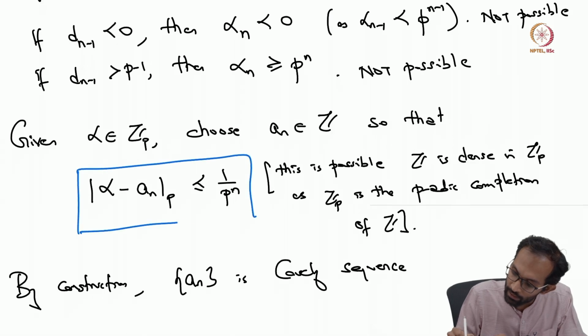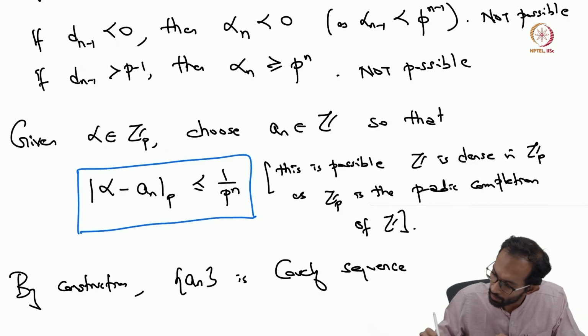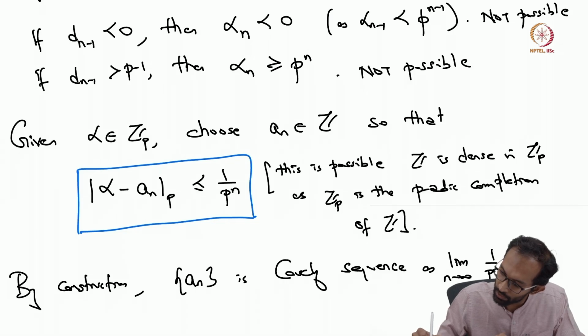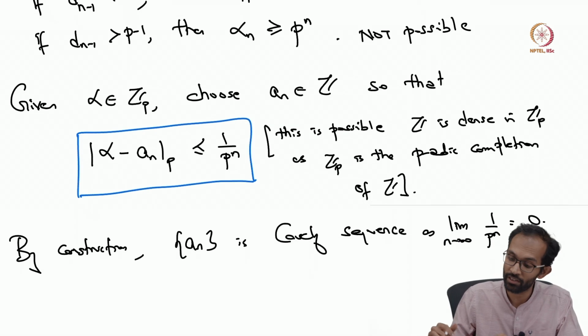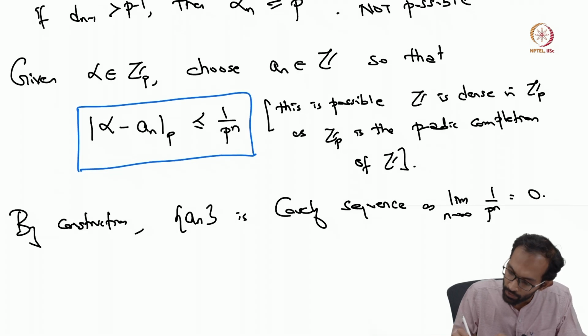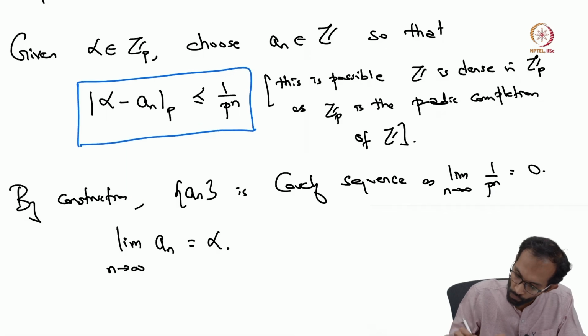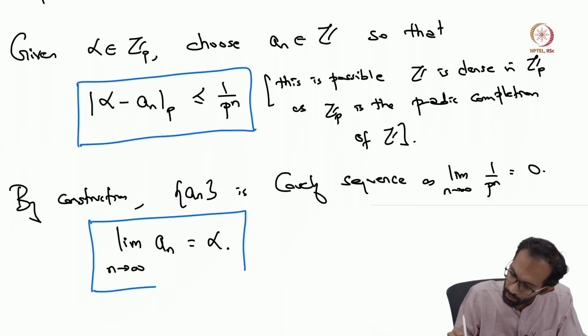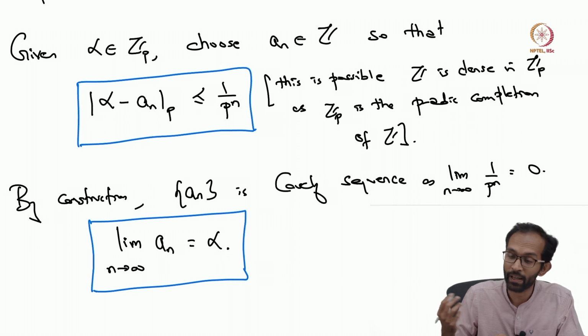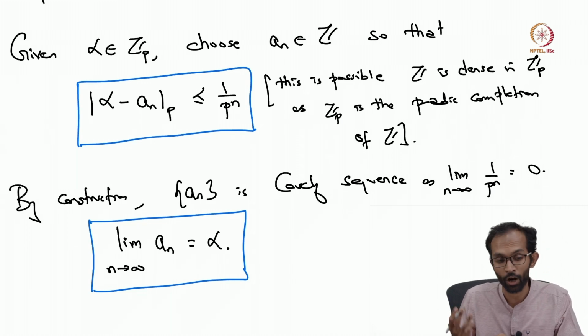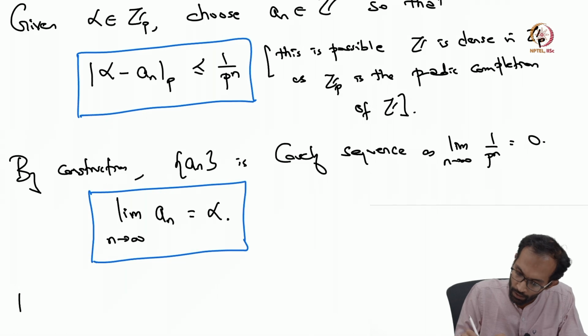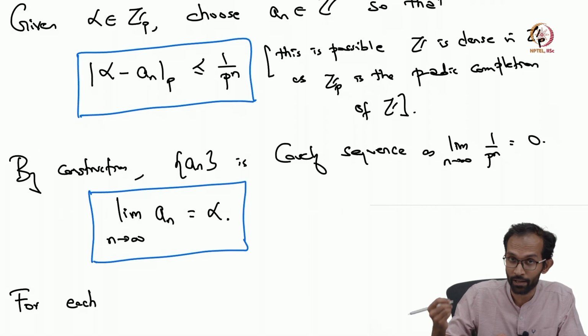You see that the limit as n goes to infinity of 1 over p to the n equals 0. So by construction, the sequence a_n is a Cauchy sequence with the property that the limit as n goes to infinity of a_n equals alpha. Now I want to choose my a_n, my integers, a bit more optimally. So I'll use a few of the observations that I made earlier.